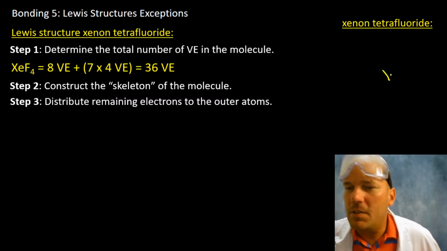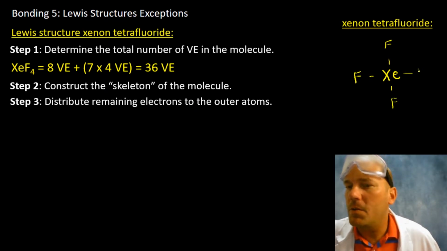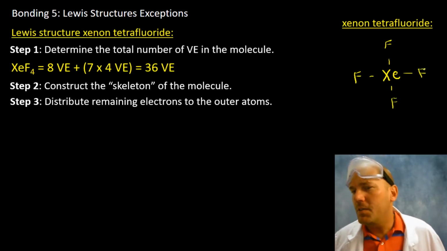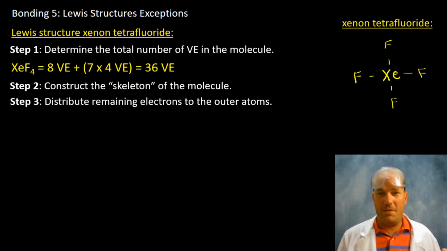So xenon will go in the center, and then we're going to have 4 fluorines coming off. Fluorines are the most electronegative species. In fact, xenon doesn't have an electronegativity because it already has a full octet.